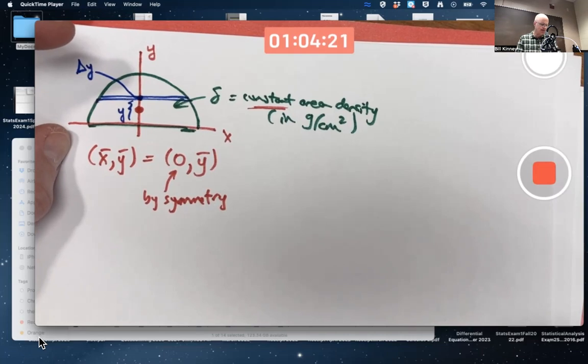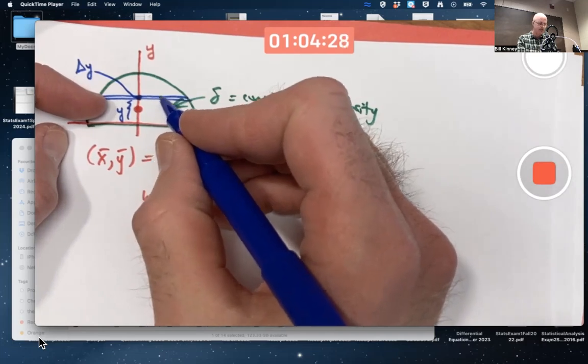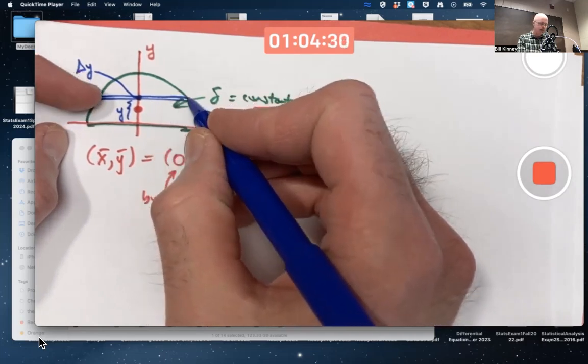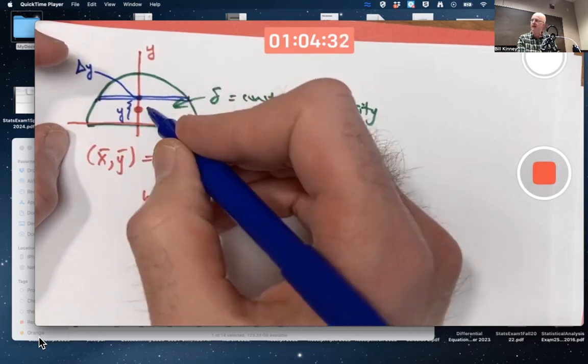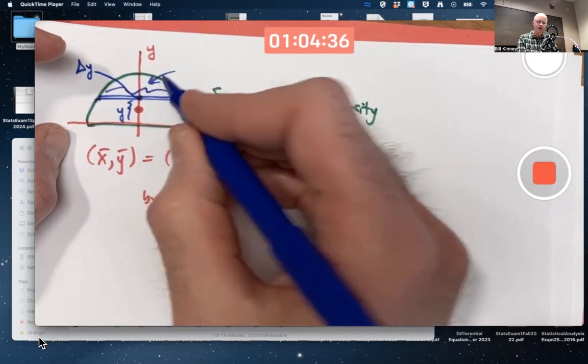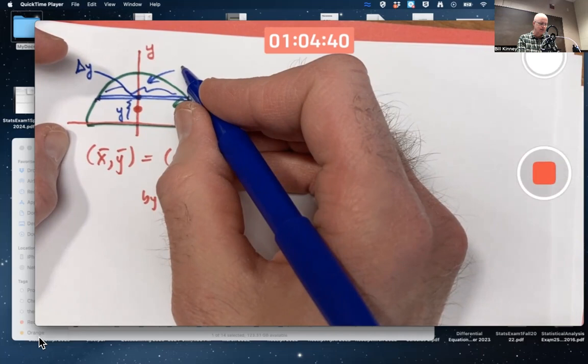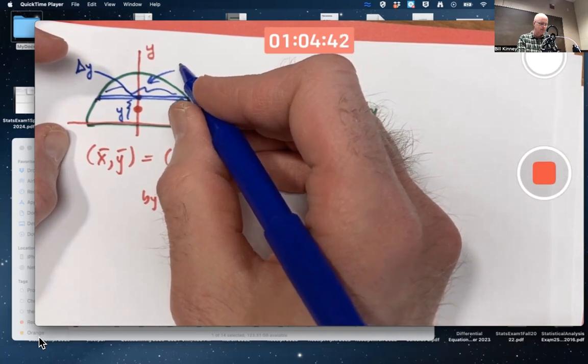So how do I find what would be useful here? I want to find the small mass of this thin slice. Probably we need to think of this as being an approximate rectangle right there and find this length first, right? What should I call it? Should I go back to L?